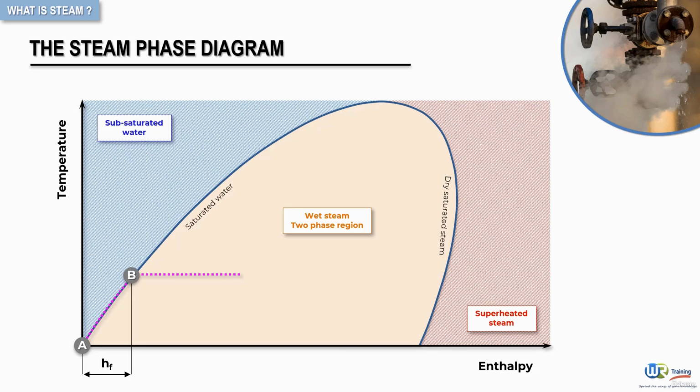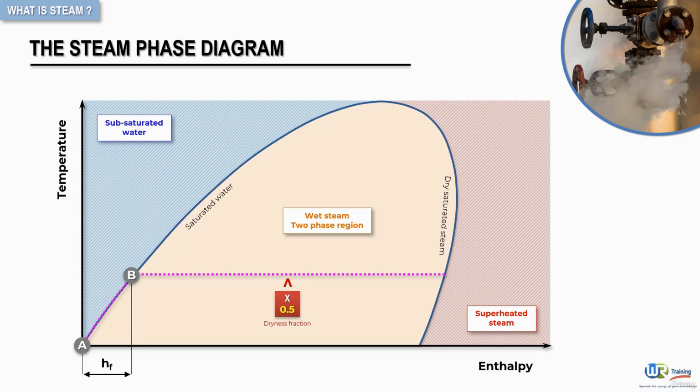As the water-vapor mixture increases in dryness, its condition moves from the saturated liquid line to the saturated vapor line. Therefore, at a point exactly halfway between these two states, the dryness fraction is 0.5, as seen here.